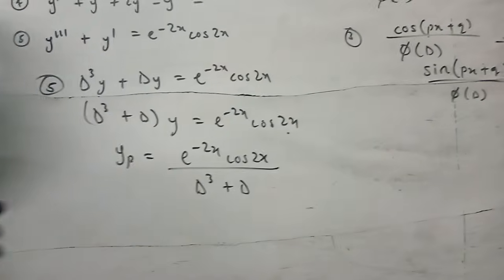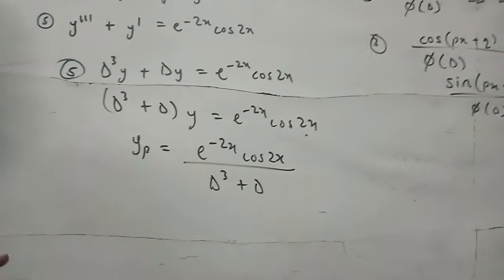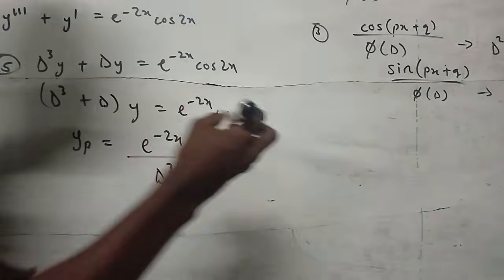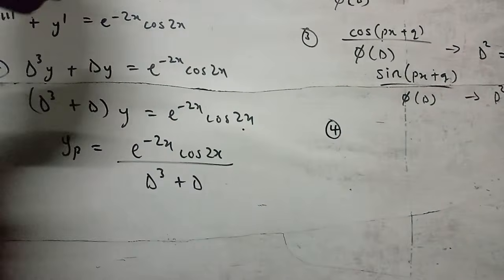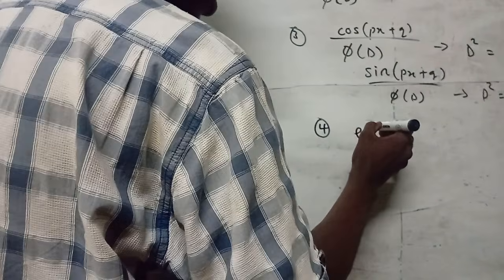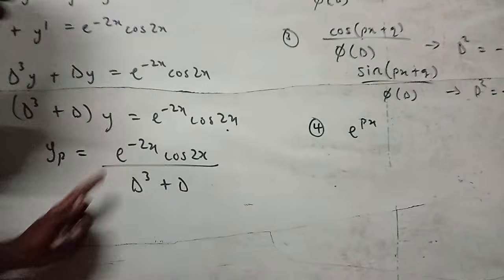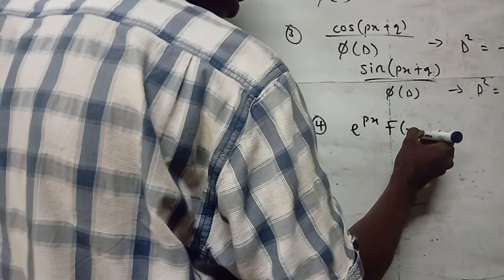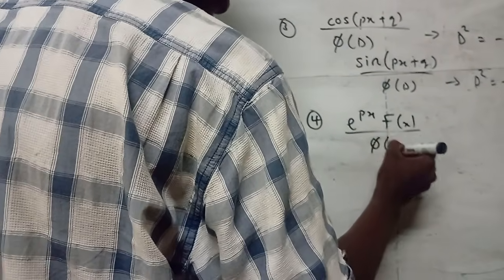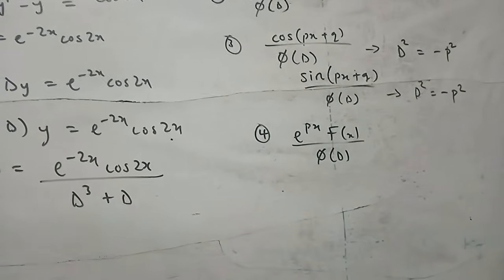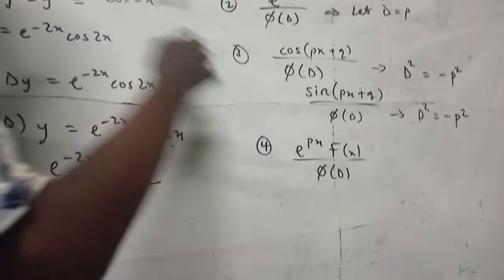Now this is another classic transformation. Whenever we have a function like this, e raised to power px, where p is minus 2 here, and another function f of x over phi of d, the first thing you are going to do is to transform this in terms of px and remove e to the px away.